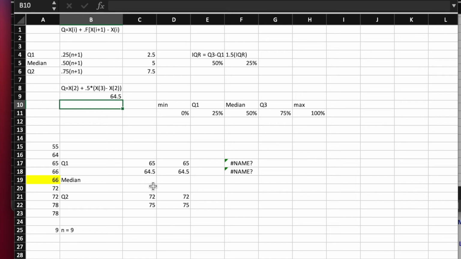Boom. You get 64.5, and 64.5 is what we get here with quartile.exc, which means exclude. You exclude the median, okay? And we can do this again with the median. If we do it with the median, we get 5, right? And so I know you already know the median is 66 because it's the middle, but let's just work through it with this equation, right? So this is Q1.